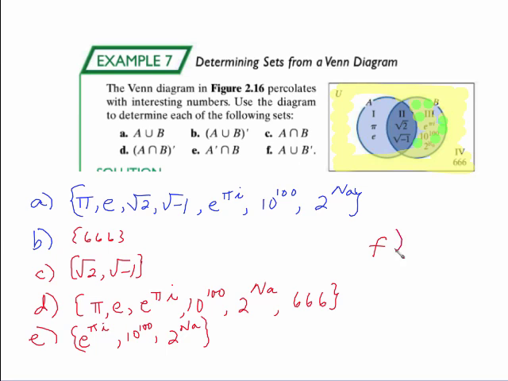All right, to do F, we start with A union not B. A is this right here. And we want to union that with not B. Well, not B is everything except this. So do all of this yellow.